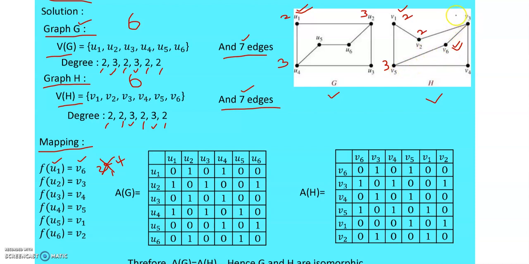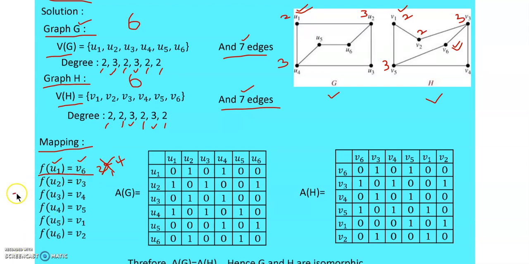Here for v3 the degree is 3, for v5 degree is 3. Now we can match, because the adjacent vertices of u1 having the degrees 3, 3, and adjacent vertices of v6 having the degrees 3, 3, therefore we can match. That's why we are writing f of u1 is equal to v6.